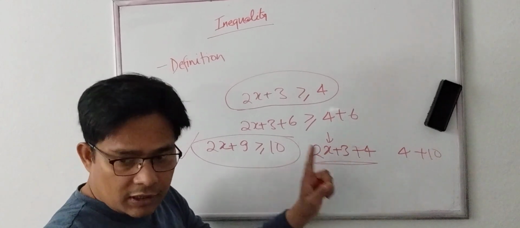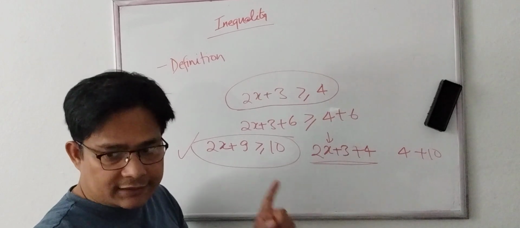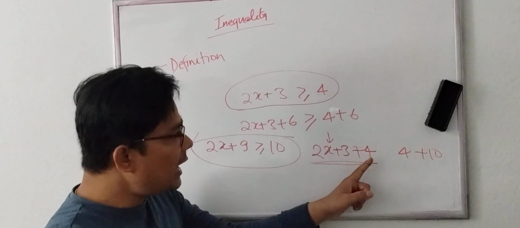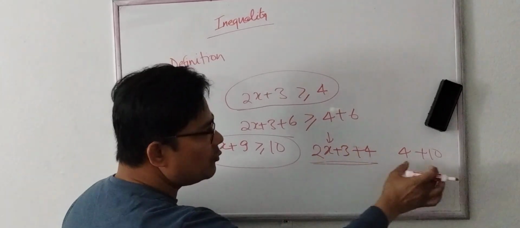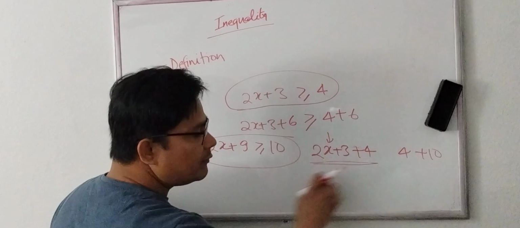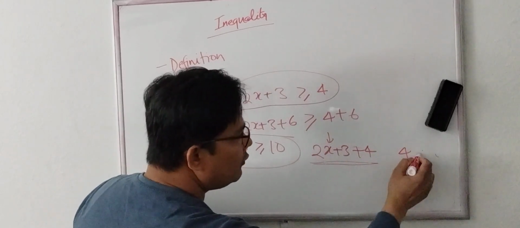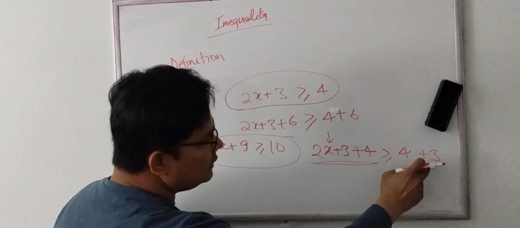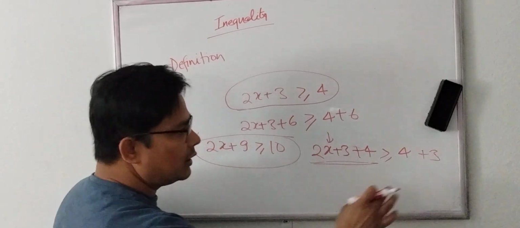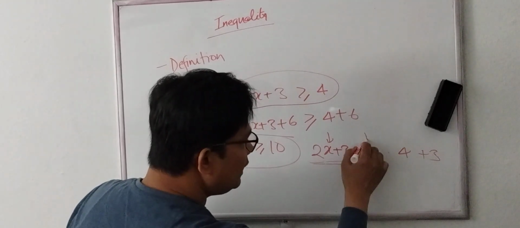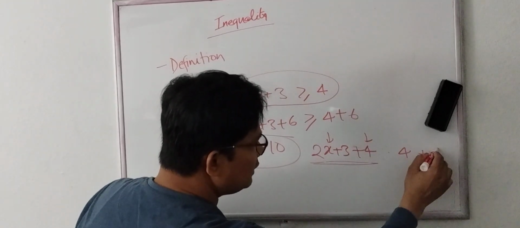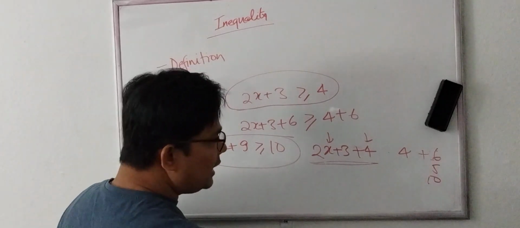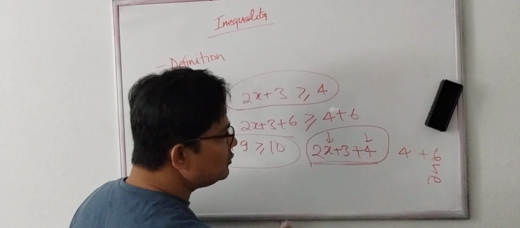So always remember, you have to add or subtract the same number from both sides. If we are adding a bigger number to this side and a smaller number to this side, the relationship will not change. Let's say if I add 4 plus 3, you can say that it's always greater than this number. But if we are adding any number bigger than 4 here, let's say 6, or any number like 5, 10, anything, in that case we don't know whether it's going to stay the same or not.